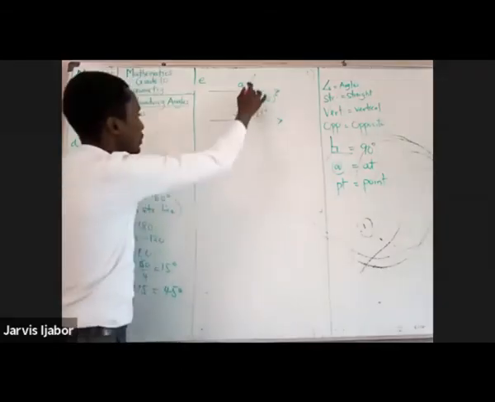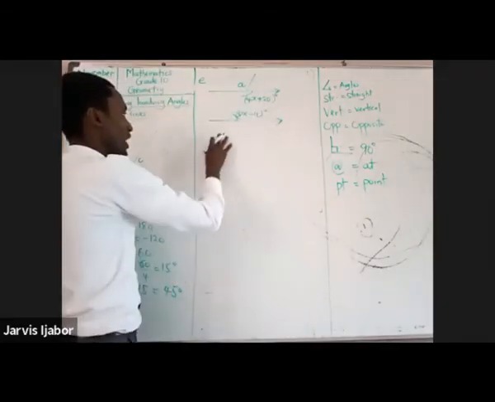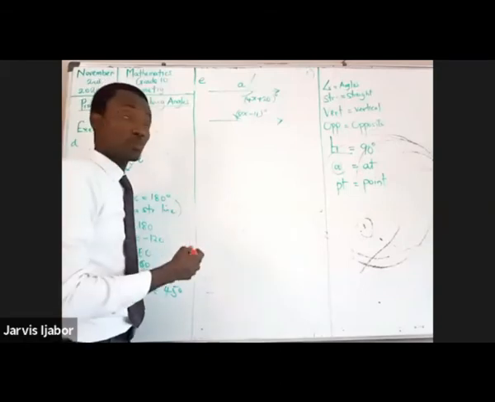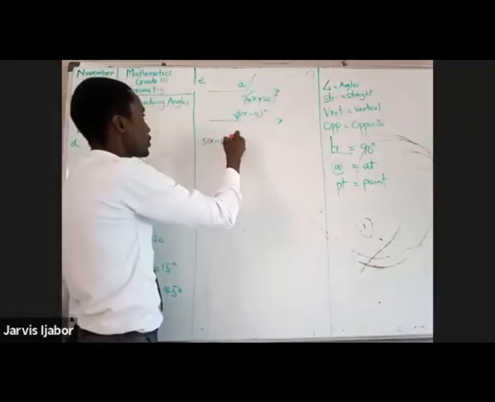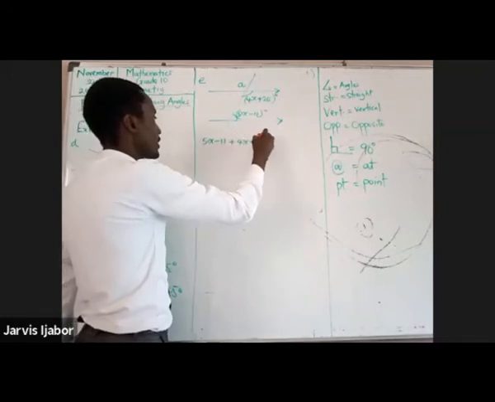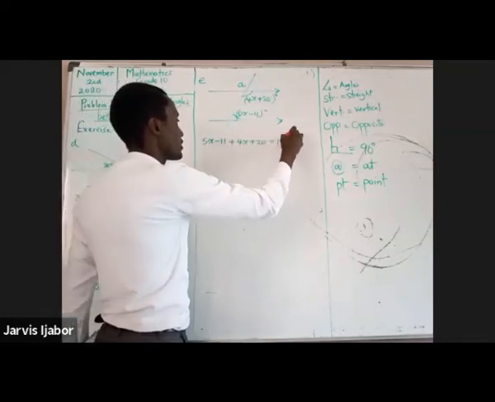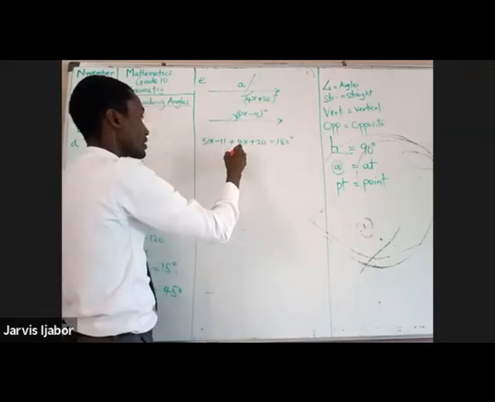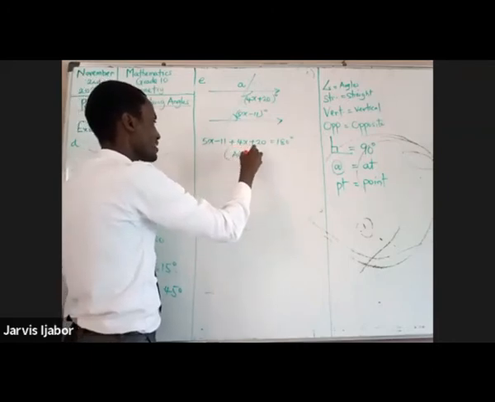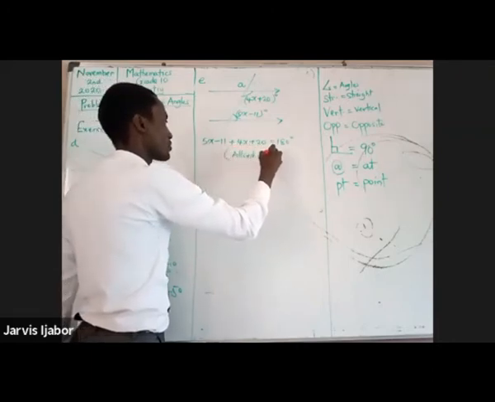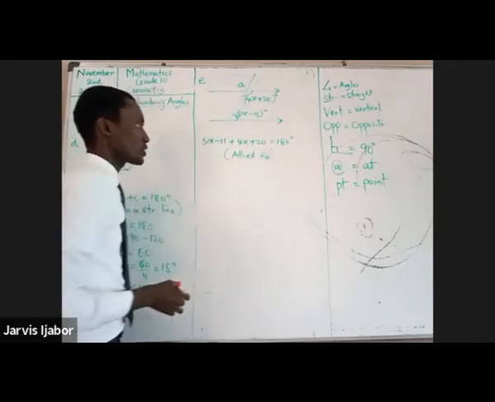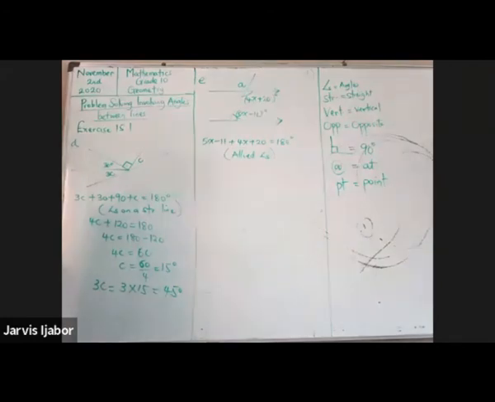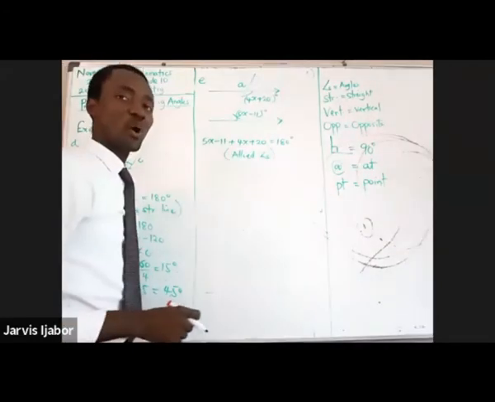So these two angles are treated as co-interior. That's the first thing you need to take care of in solving this problem. So we have that 5x minus 11 plus 4x plus 20 is equal to 180 degrees. What's the reason? Allied angles, or co-interior angles.